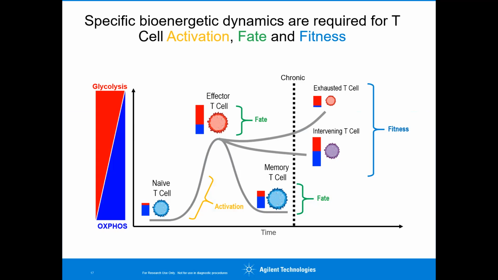I'll show you a couple of things later from a lab that's doing immunotherapy and trying to balance between these two states: having a cell be very glycolytic with tumor killing capacity, but also wanting cells to last in your body for years and years so that they can protect you from future infections.